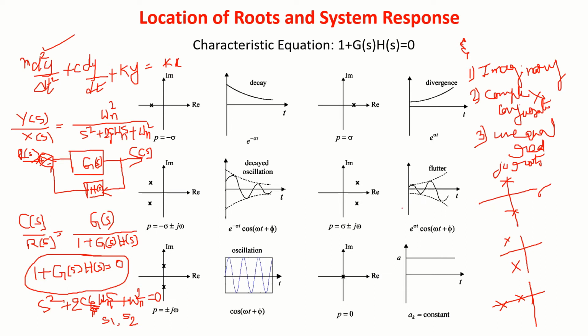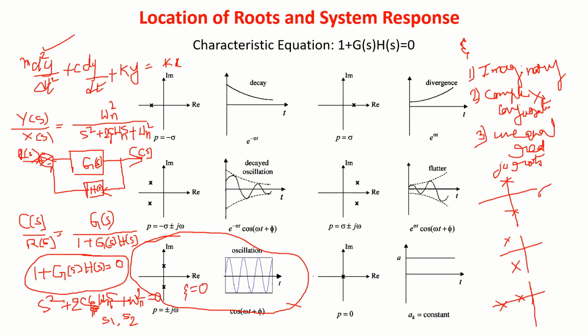Now, if you study the response of the system based on the location of the roots, suppose both the roots are imaginary roots. That means zeta value is equal to 0.